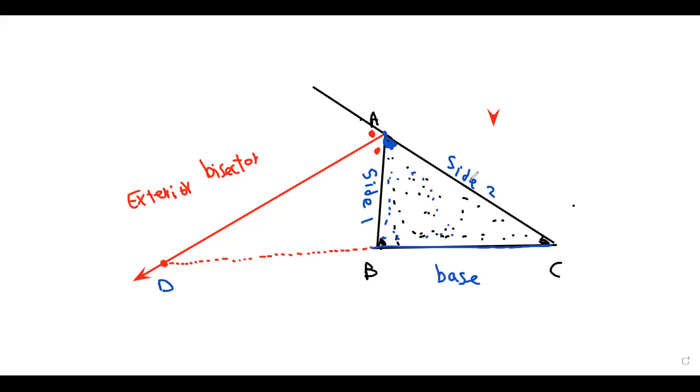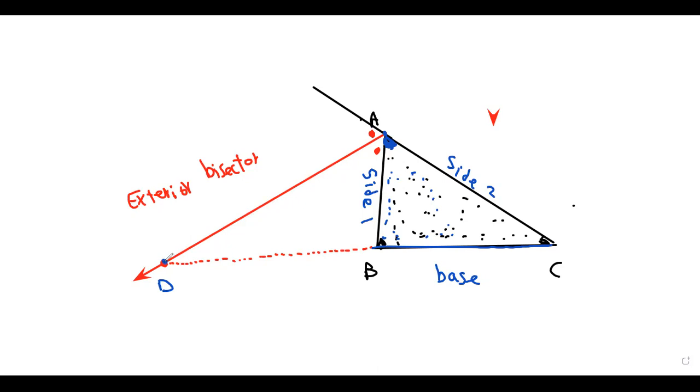The exterior bisector from any vertex of a triangle divides the base into 2 parts. The ratio between them is equal to the ratio between the other 2 sides. So let's see how this bisector divides the base.